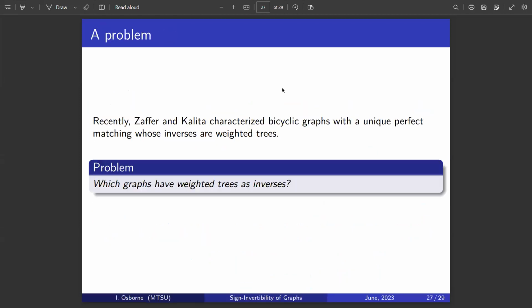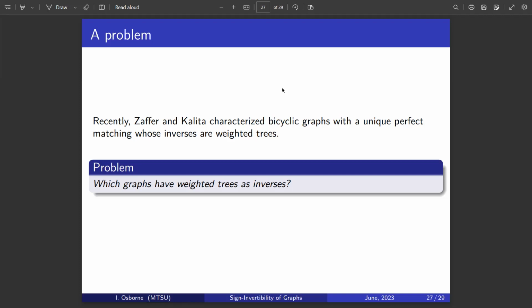All right, and so just as an example of some of the ongoing research into this, Zafar and Kalita recently talked about which graphs have weighted trees as inverses. And that's a really interesting part of this.